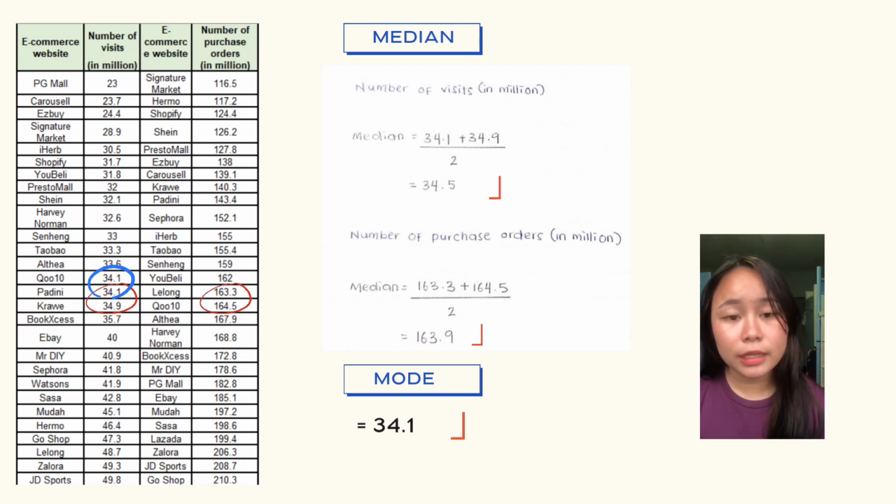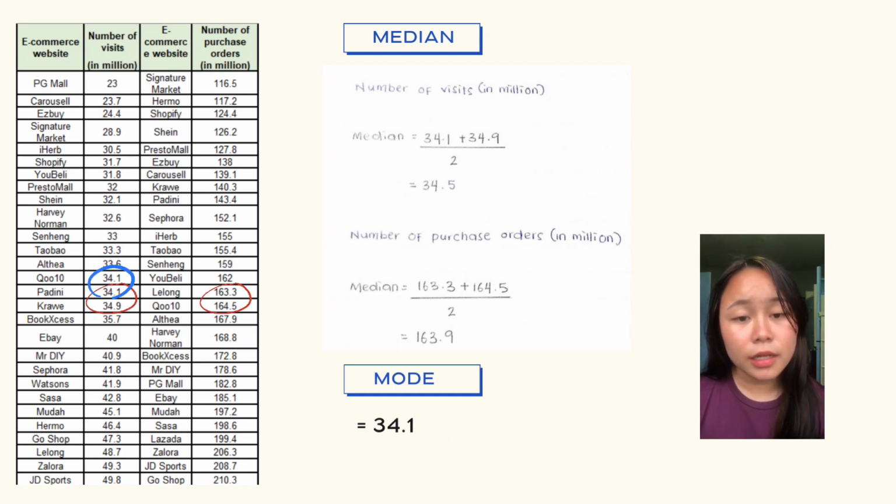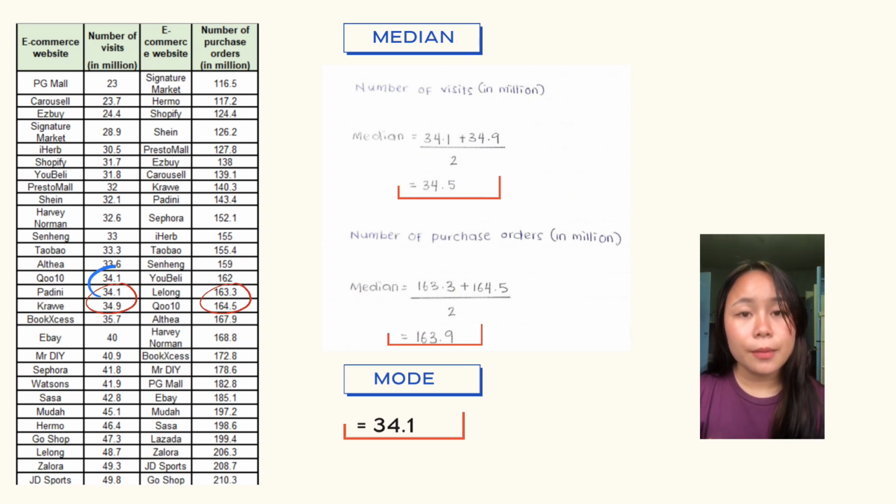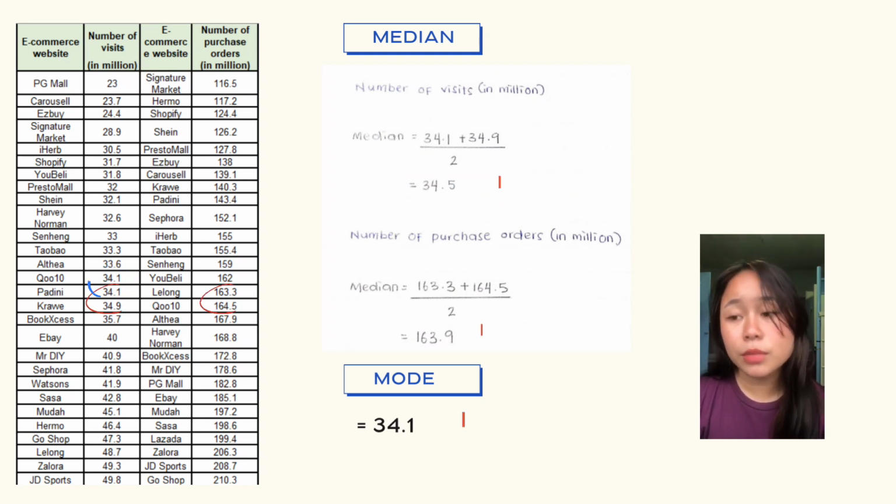But for this data there are two numbers in the middle, so all you need to do is add these two numbers and then divide by 2, and you will get the answer. My answer for the number of visits is 34.5, and my answer for the number of purchase orders is 163.9.